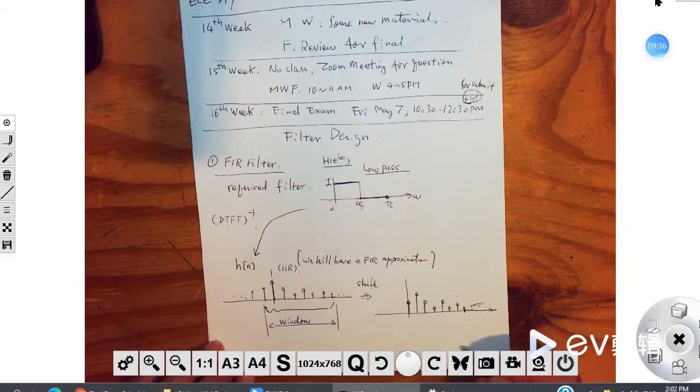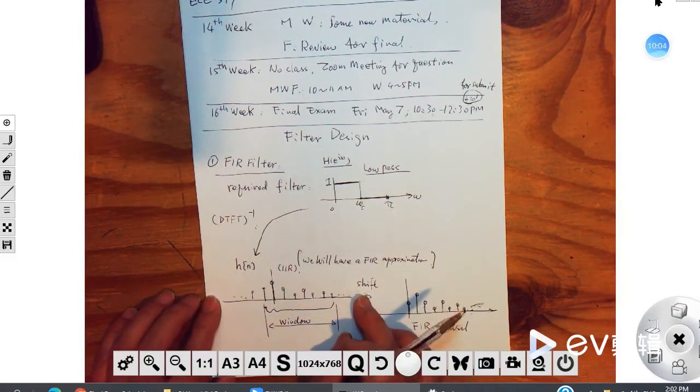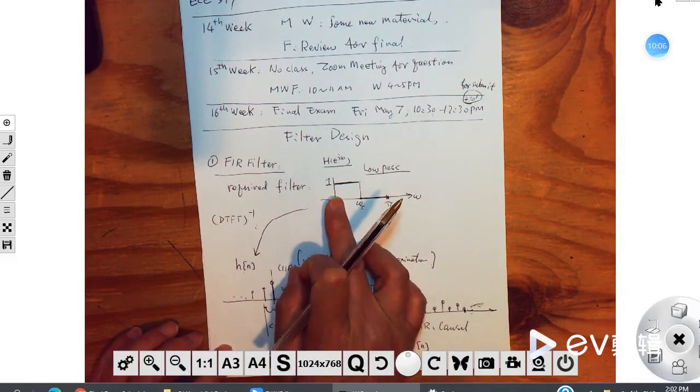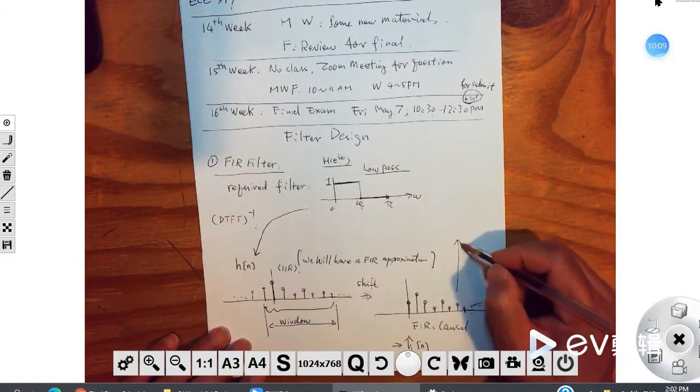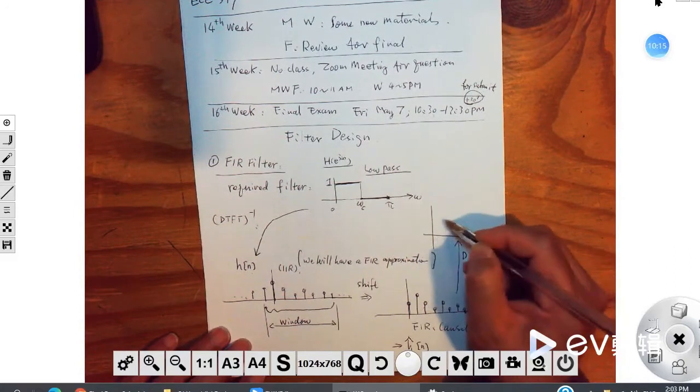We will have this. This one is a causal FIR filter. We use this; this is H hat. This is our result. Of course, because you only pick values from this window, you will lose some information, so the result is not exactly the same as that. You need to check. You use the DTFT and you will have a spectrum of this one.